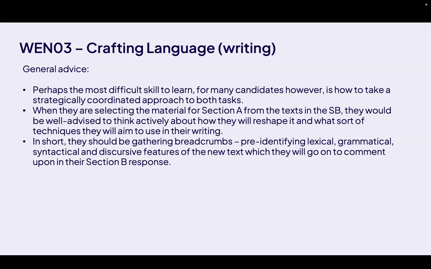So they are the masters of their own destiny, if you will. Whatever they write in A is what they comment on in B. So they make sure they have a plethora of information there so that they're not stuck when they have to comment on it.